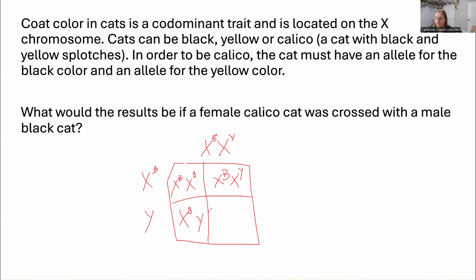It just has nothing on it. And then the last kitten would get the yellow fur from mom and the Y allele from dad. So you have one black female kitten, one black male kitten, one yellow male kitten, and one calico female.